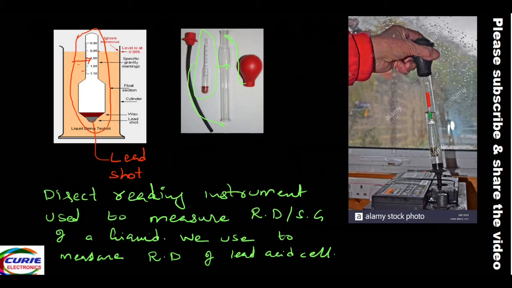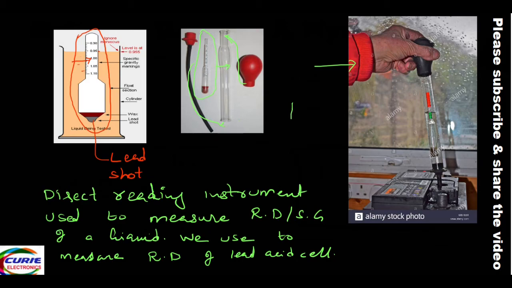See here in the right side figure we can see this person holding the bulb and squeezing it, and the electrolyte is sucked into the big glass tube, and the hydrometer is floating in it. It has to be held perpendicularly.